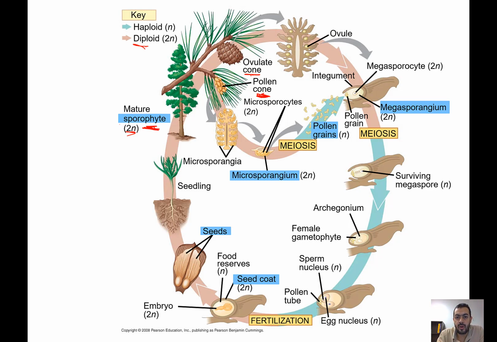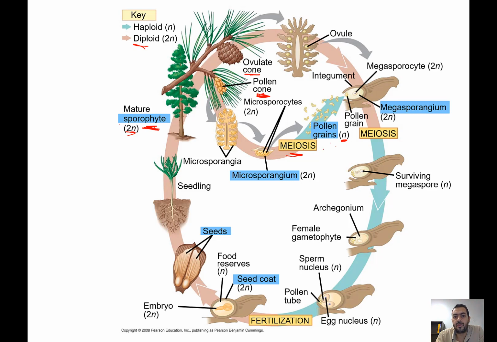The pollen cone will develop into the pollen grains. This will happen through meiosis, reducing it to N. So here it is haploid pollen grains. As we said, these pollen grains are not flagellated.